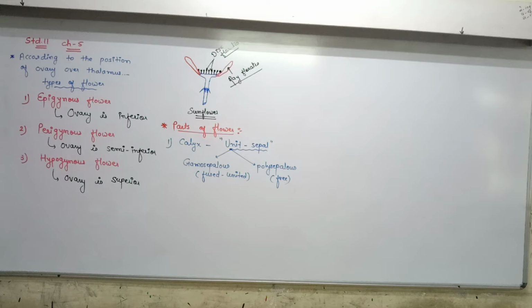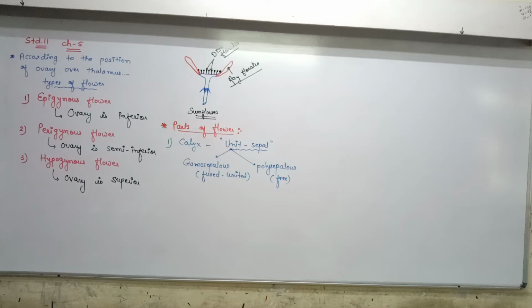Actually, all this information is very important at the time of the discussion of the plant families. At that time I will give you so many symbols: fused, united or free, regular flower, irregular flower, bracteate flower.